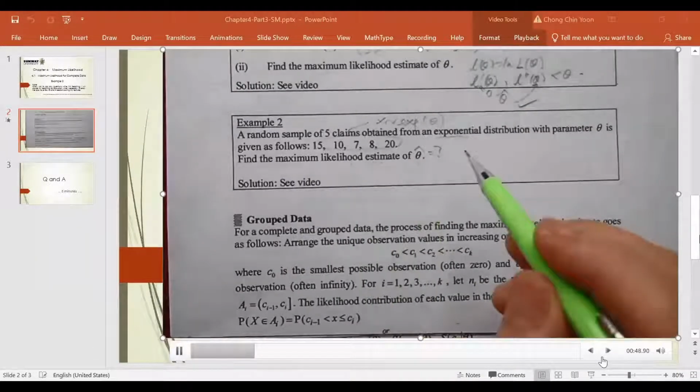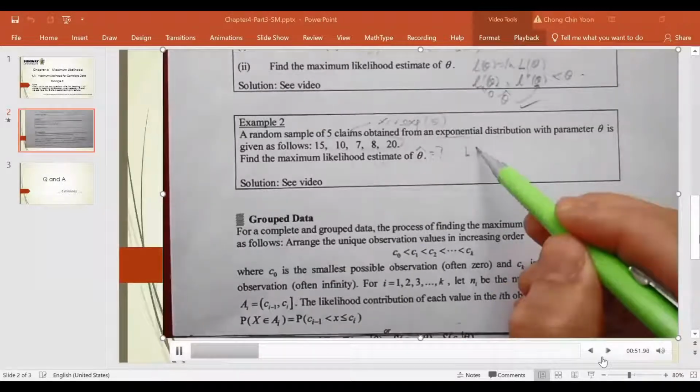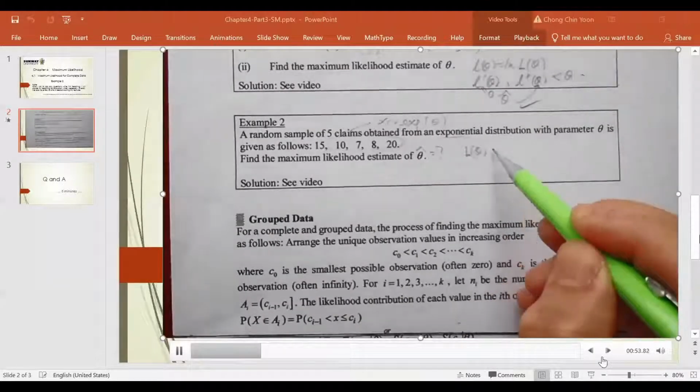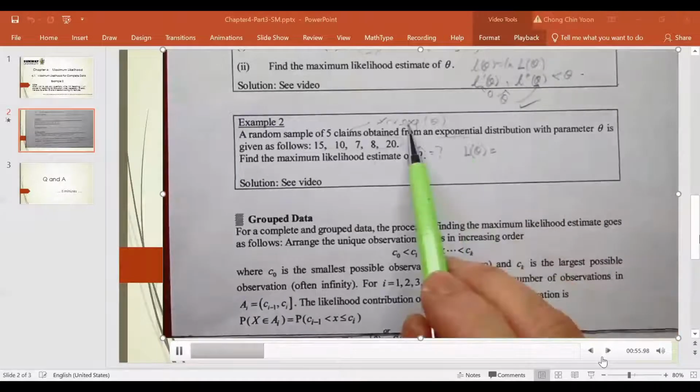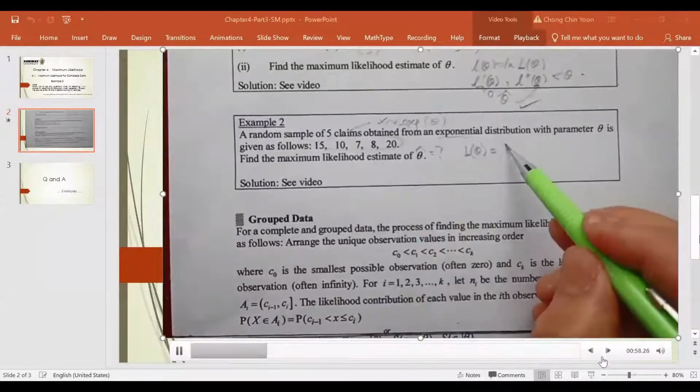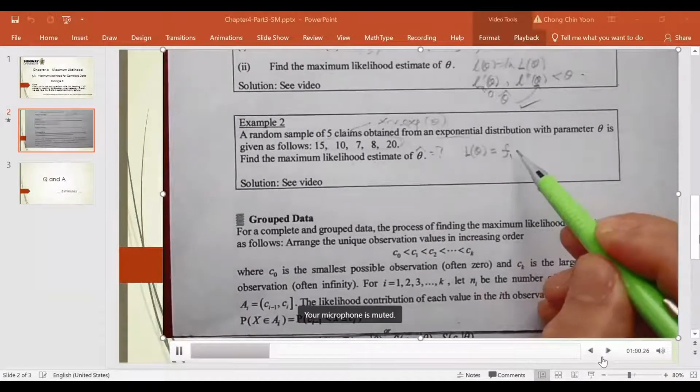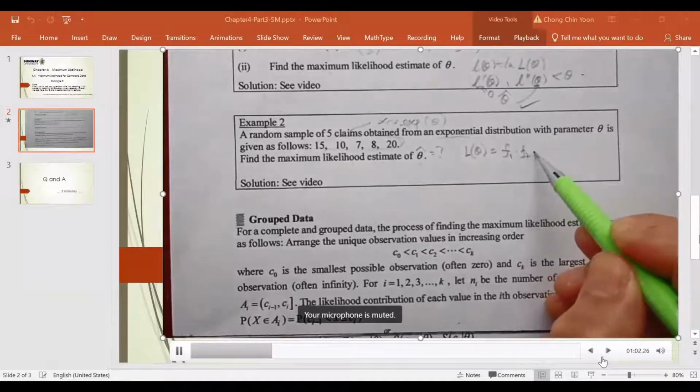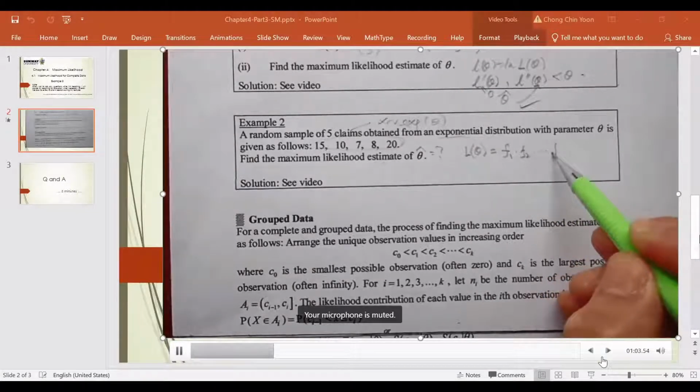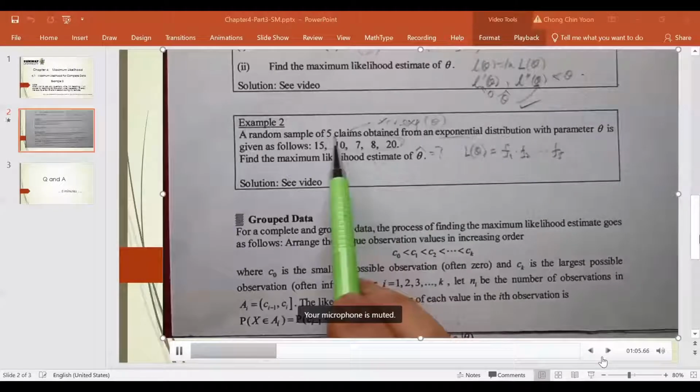So we have to form the likelihood function. Since this exponential is continuous, we have to multiply all the PDFs from these 5 observations.